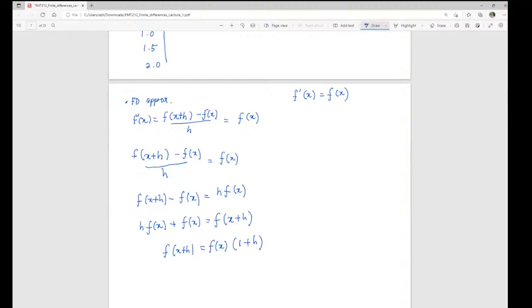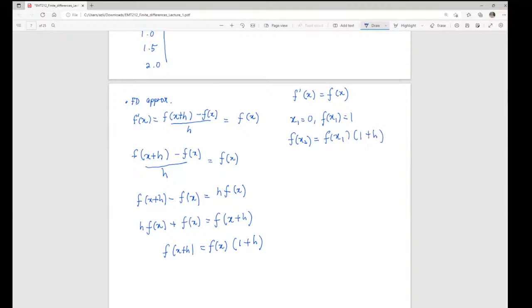Alright, we have f(x1) equal to 1. We have this, right? So we can find our f(x2) is equal to f(x1) times 1 plus h.